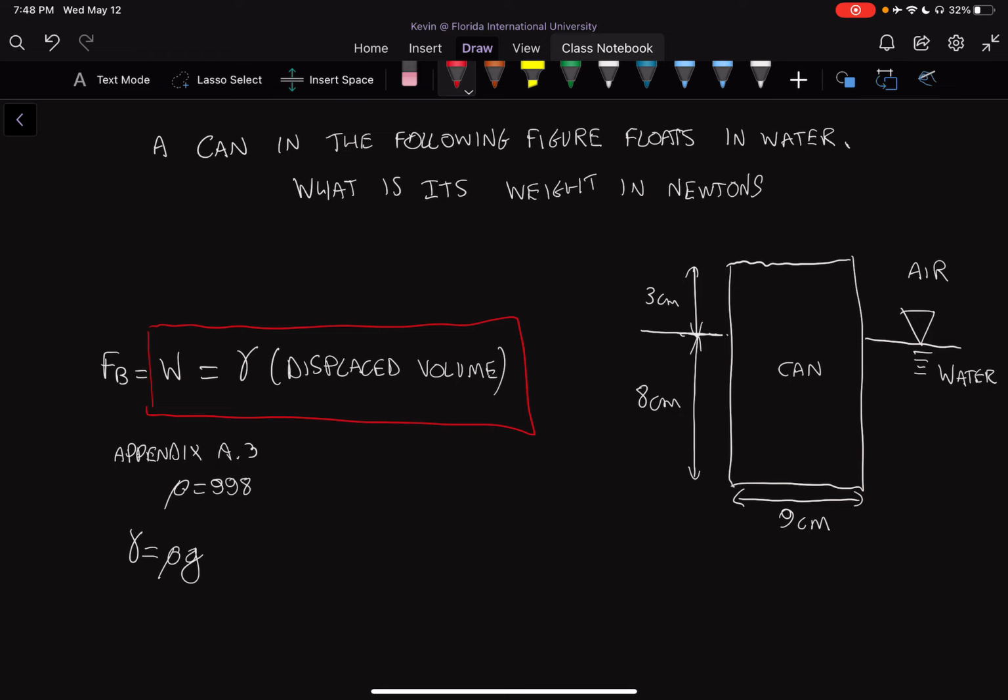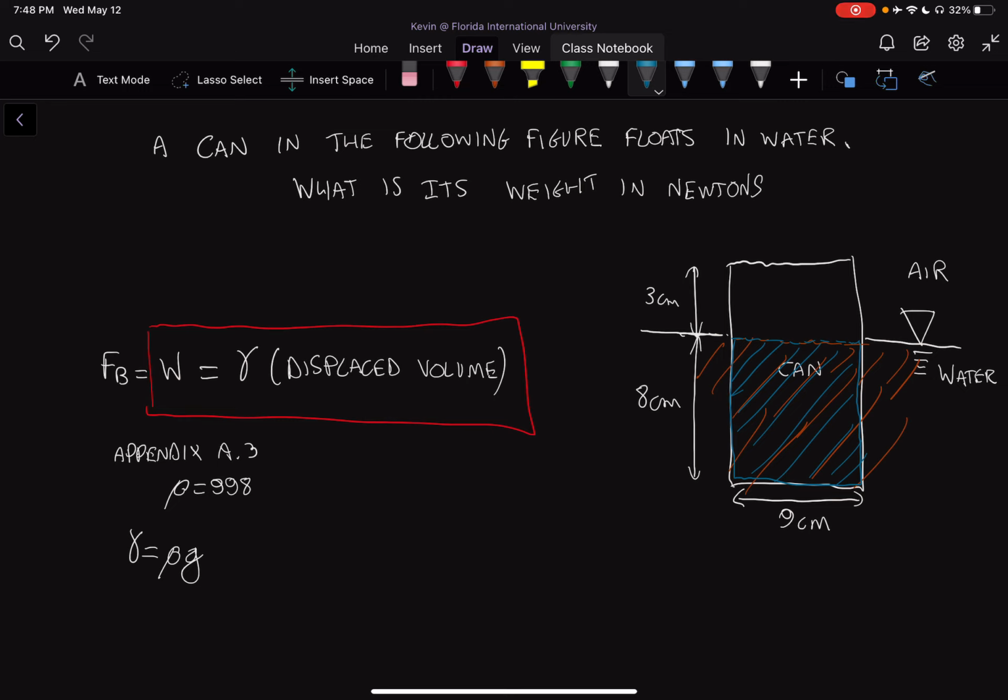That's the actual weight of the water that it displaced. So if the can wasn't in the water, you would have water all over the surface here, and the water would just be within this system here. So what we're essentially doing is trying to figure out, and I'll draw it in blue, what weight in blue here did the can displace from the water. And that's the weight of the can, because that's the amount of weight that the can took away.